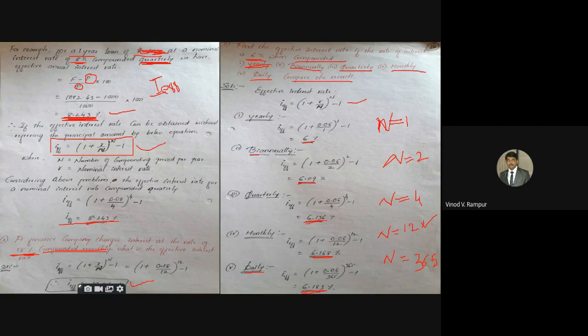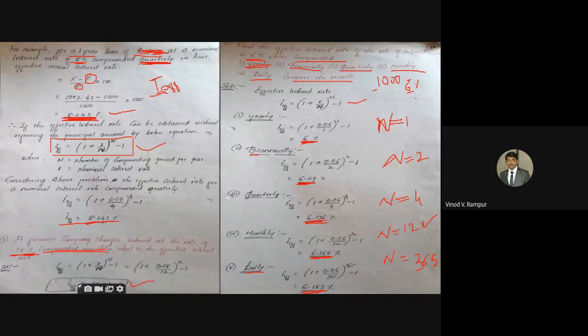6.183% we are paying. The conclusion of this problem is, whenever you go for compounding, as the compounding frequency increases, the interest rate goes on increasing. If you take 1000 rupees at 6%, after 1 year you pay back the same amount with interest of 6% only.